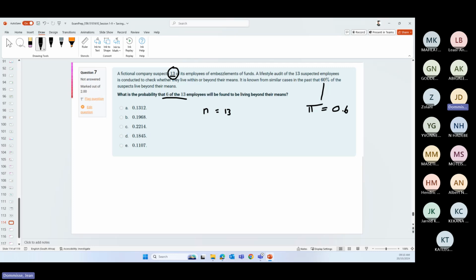In the assignments, it was fine because you were allowed to use online tools. So I'm quickly just going to check a binomial distribution calculator.